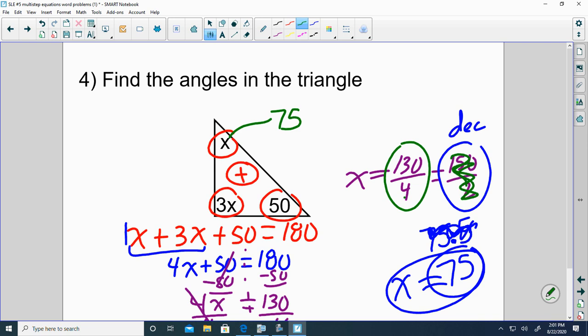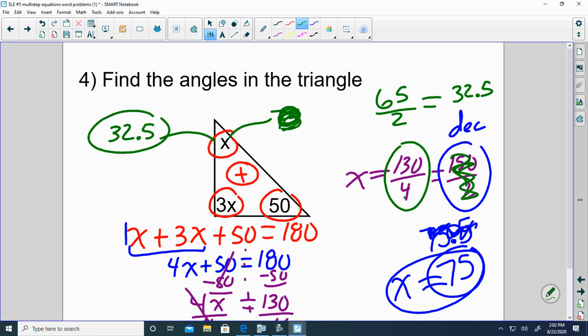Let's see, 2 goes into 130, what, 65 times, so 65 over 2. So go 65 divided by 2 on your calculator. So I'm going to get 32.5. There we go. So that's going to work now. So x equals 32.5. Sorry about that. That's what x is equal to.